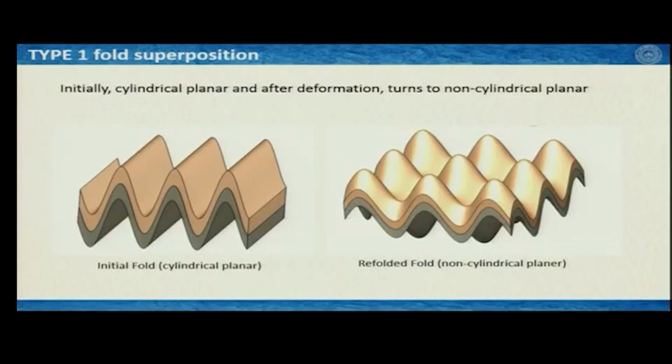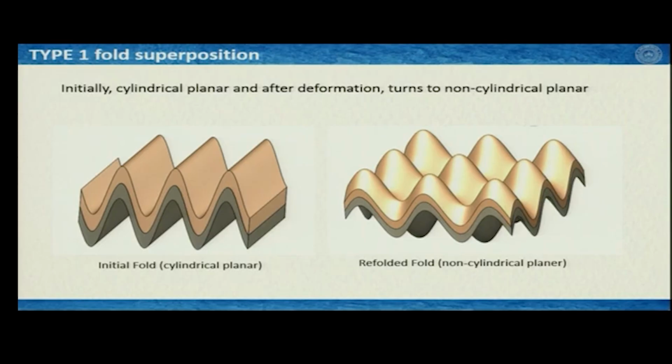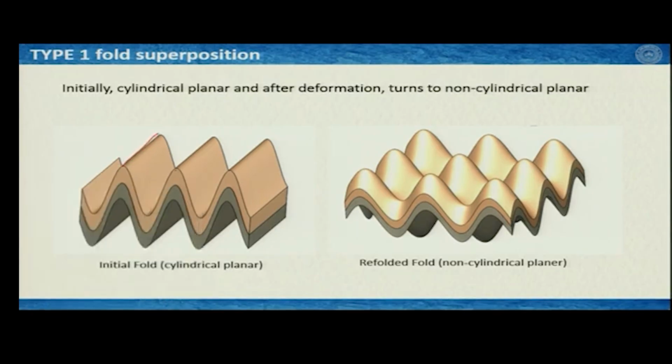Now, let us have a look at what type 1 superposition is. As we have defined, initially cylindrical planar, and after deformation it turns to non-cylindrical and planar. So, here again if I consider the fold axis in this initial fold, it is very much straight, and here we will assign this as F1.